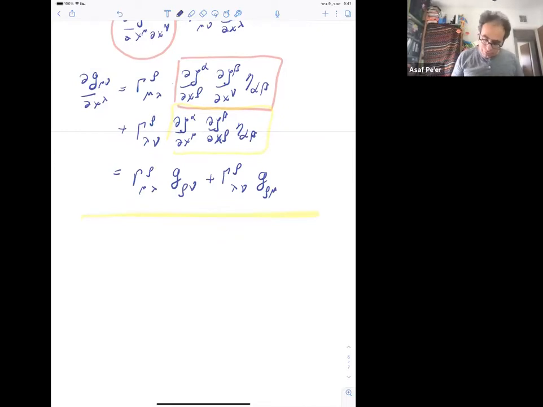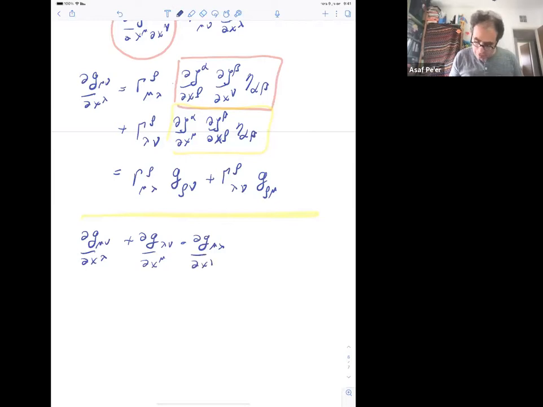So dg mu over dx lambda plus dg lambda mu over dx nu. No, the opposite, I was getting confused here. dx mu dx nu minus dg mu lambda over dx nu.